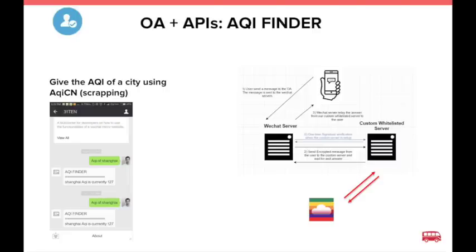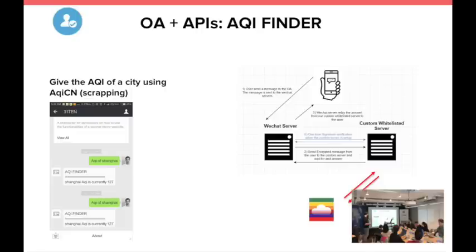It was very basic. We could have used the GPS functionality to detect where we are, but we just said, okay, we write AQI and the city you are in. Then the official account will give you back the AQI. So that's the screenshot of what we did. That's an example of stuff you can do.